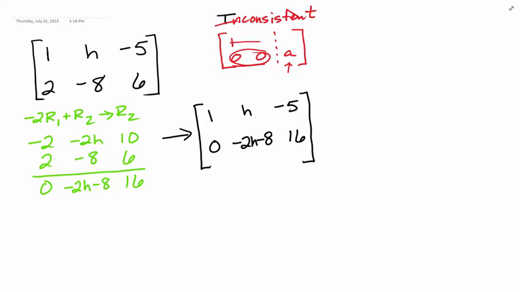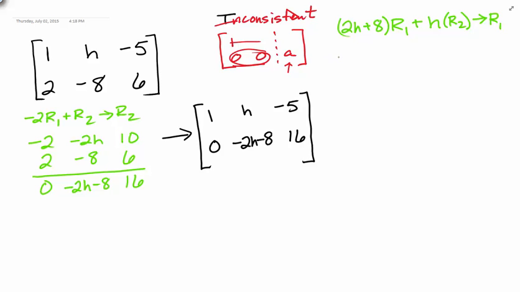It looks like it could be kind of complicated, but we could always just play the game of saying, okay, let's take row 1 and hit it with a 2h plus 8, and then we'll take row 2 and hit it with an h, and that'll become our new row 1.